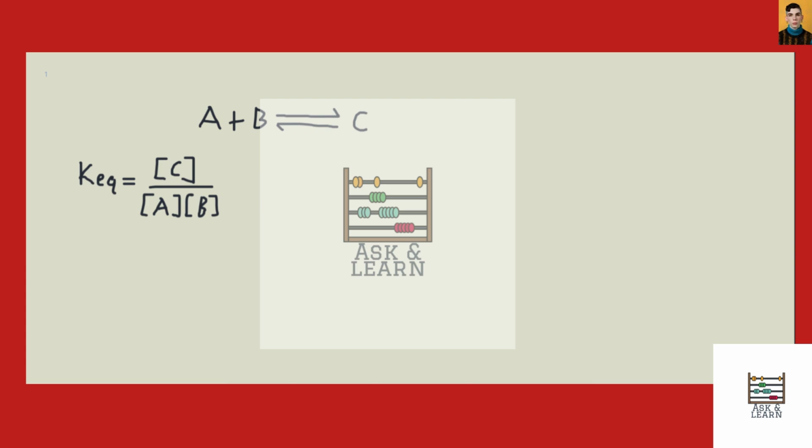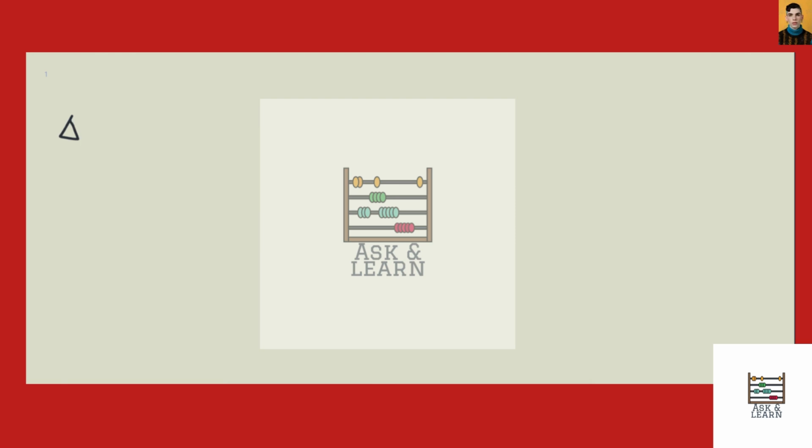Now, this is in terms of concentration. We can also put this in terms of temperature. So we have two kinds of reactions. We have delta H greater than 0, which are going to be endothermic, and we have delta H less than 0, which are going to be exothermic.